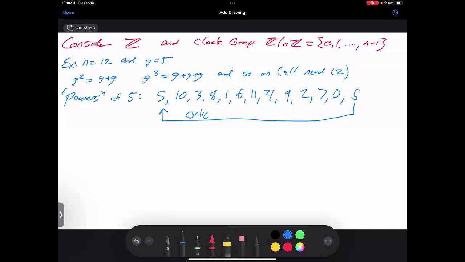So now if you think about what's going on in the clock group, phi of 5, phi of 5 plus 5, dot dot dot, and eventually phi of 5 plus 5, 12 times, that's going to be the same as phi of 0.